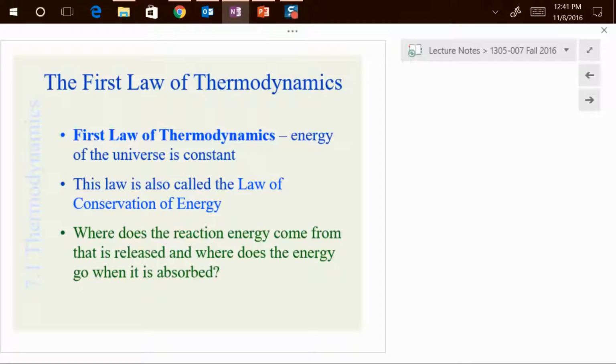So if our plants absorb energy from the sun, that energy wasn't created by the sun. It was released by the chemical reactions occurring in the sun. Okay? It was always there. It just had to be released. So that's the first law of thermodynamics, also called the conservation of energy.